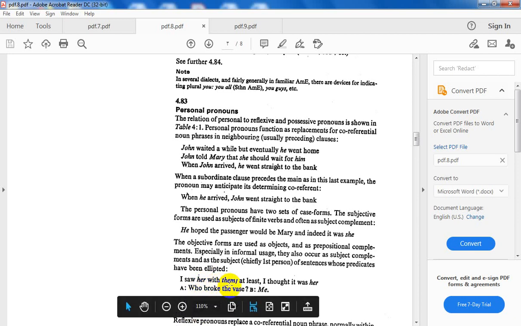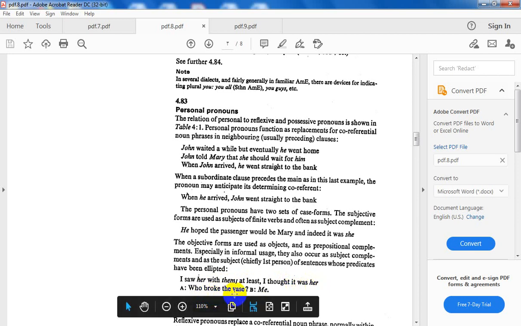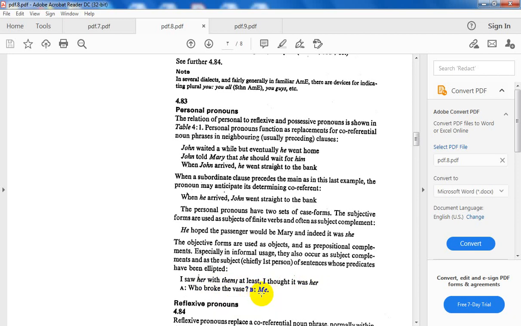With them: objective pronoun functioning as a prepositional complement. At least I thought it was her: her is an objective pronoun functioning as subject complement, SVC. Who broke the vase? Me. That is informal; formally it should be 'it is I'. This is what concerns the personal pronoun.